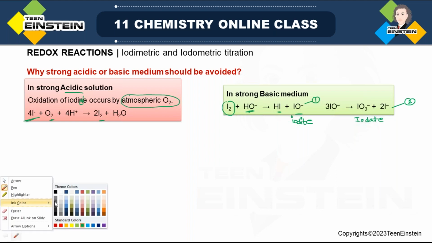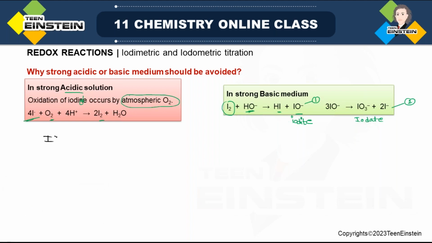See, if I write the oxidation number, in IO-, the oxidation state of iodine is basically +1, because the overall charge is -1 and for oxygen it is -2. So obviously iodine will be positive. And for iodate, IO3-, with -1 charge, here the oxidation state is +5.